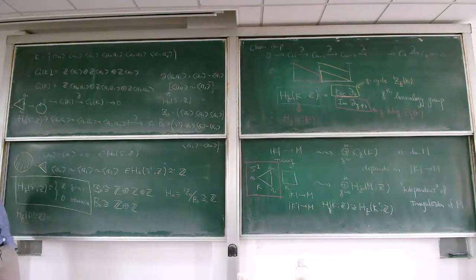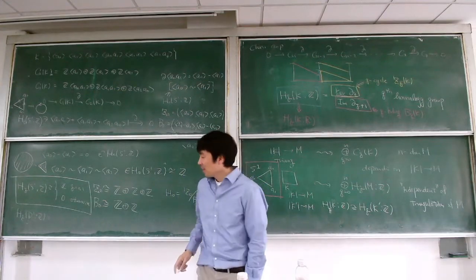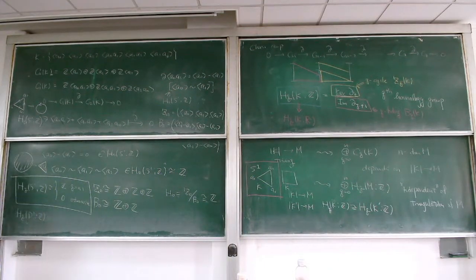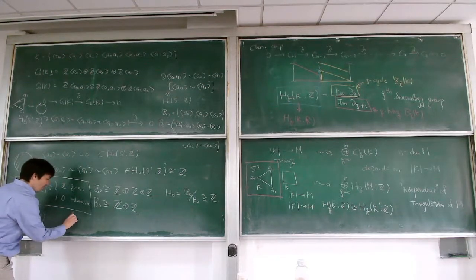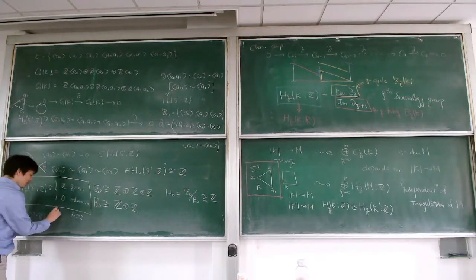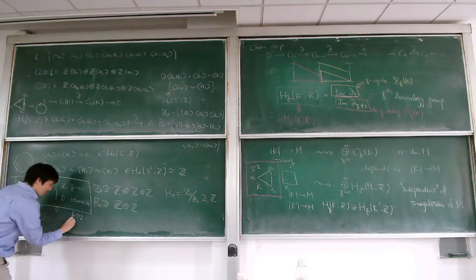Okay, first of all, let's do it step by step. What is Q2? Q equals 2, what? Okay, maybe let's start with Q greater than 2. What's Q greater than 2? 0, okay? There is no higher dimensional simplex. So what is Q equal to 2?